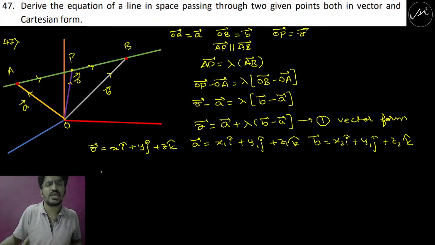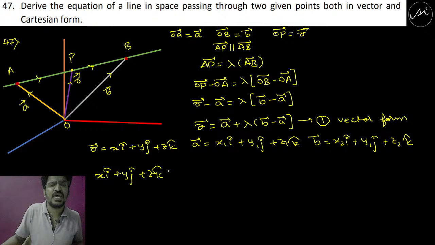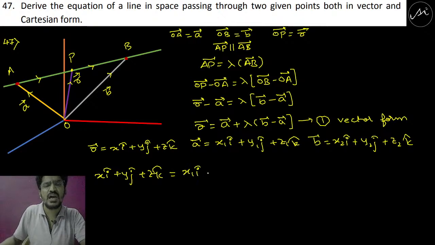In the place of vector R we write, that is x i cap plus y j cap plus z k cap equal to, in the place of vector A we write it as x1 i cap plus y1 j cap plus z1 k cap.